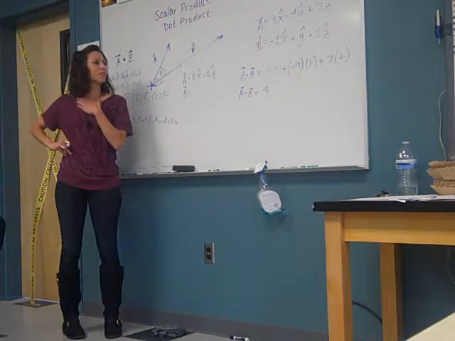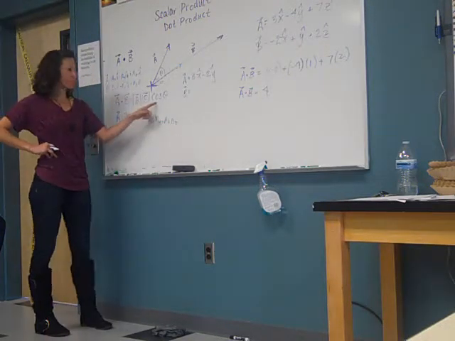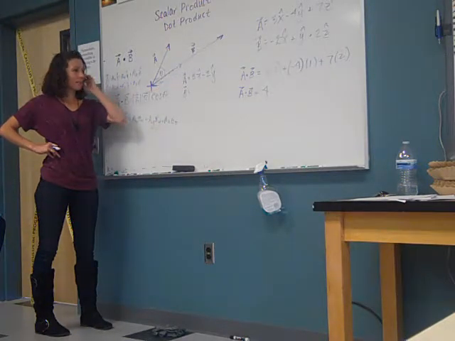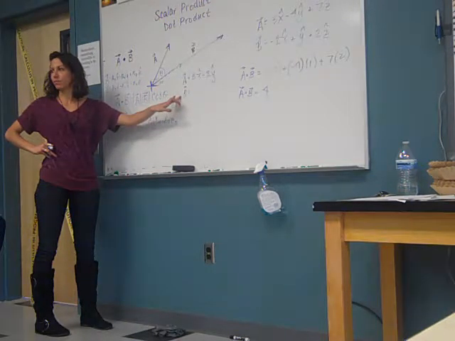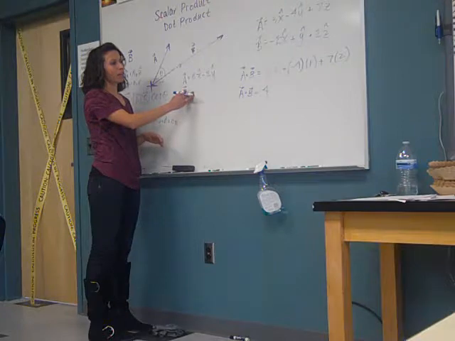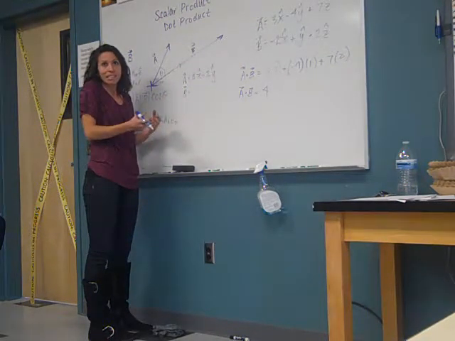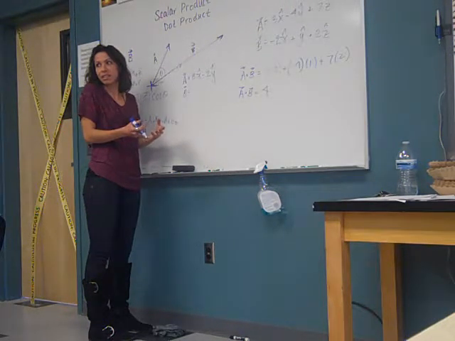When I say something that's perpendicular, what I mean is it is at a 90-degree angle with respect to this vector, right? So what that means is that the dot product between these two things has to give me 0. Which means I'm going to take 3 times something plus negative 2 times something, and I'm going to get 0. There are like 8 billion different ways to do it, right?